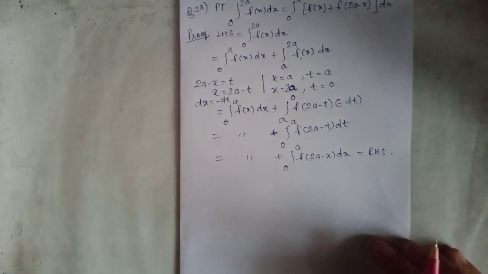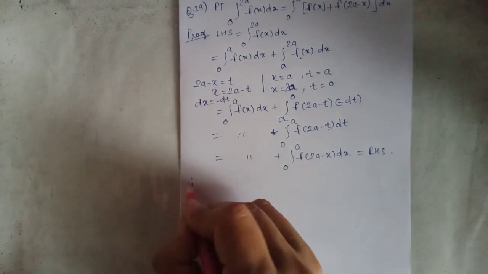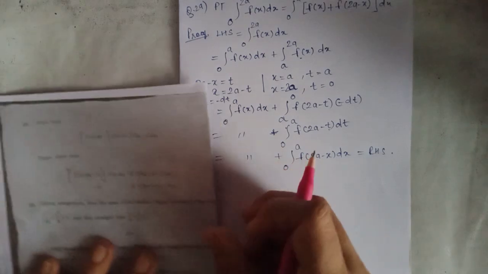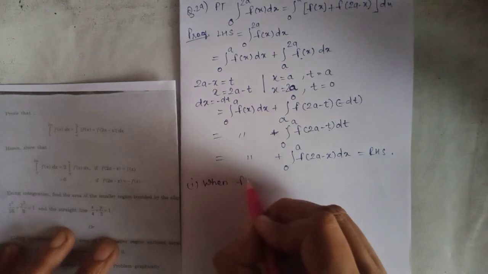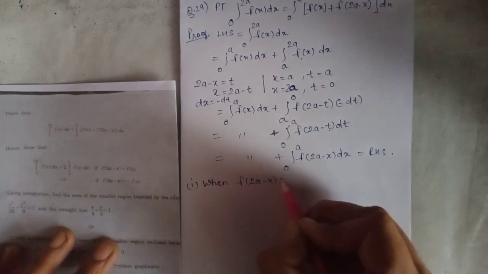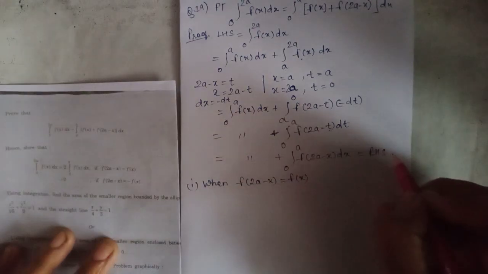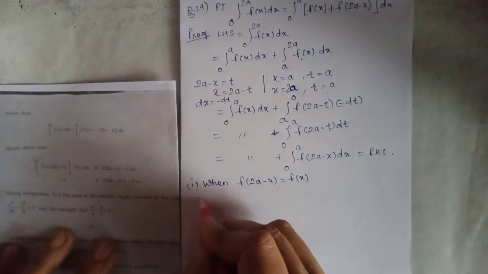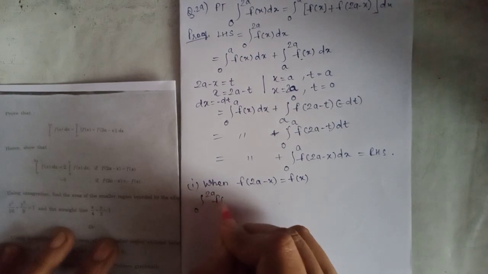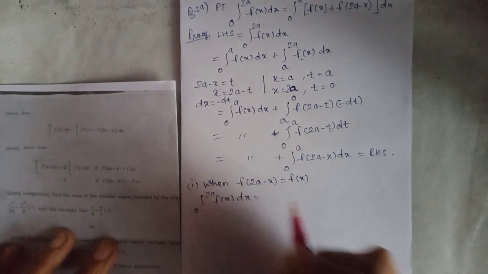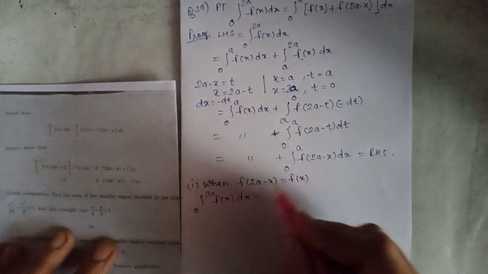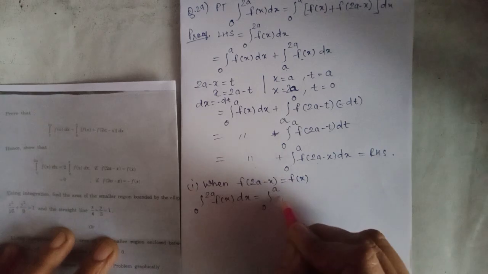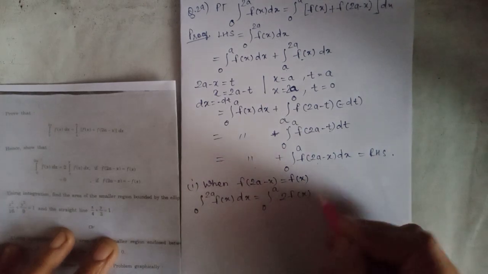Now we'll prove the second part. Take the case when f(2a minus x) is f(x) in this integral. For the integral from 0 to 2a of f(x) dx, we substitute f(2a minus x) as f(x), so this will be 2 times the integral of f(x).